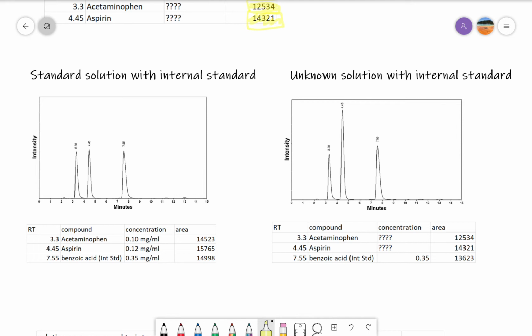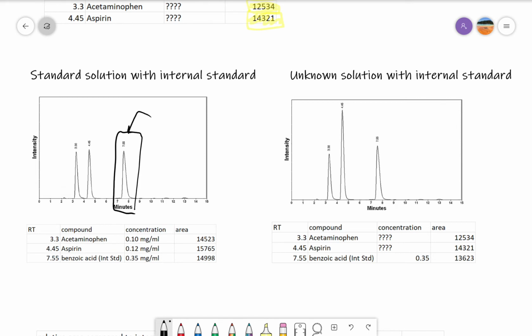Acetaminophen will have a slightly different response factor than aspirin. In addition, to take into account the different effects of injection volumes or possible experimental changes, we also use an internal standard. So in this particular case, we put benzoic acid in, which has a retention time of just about 7.5 minutes.